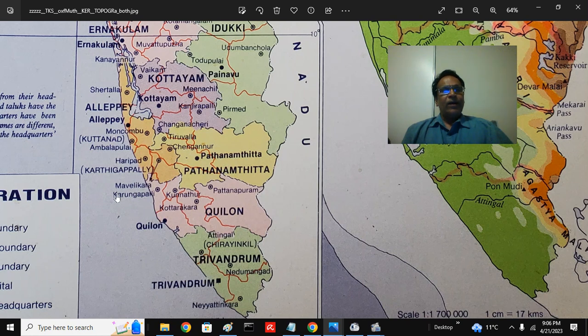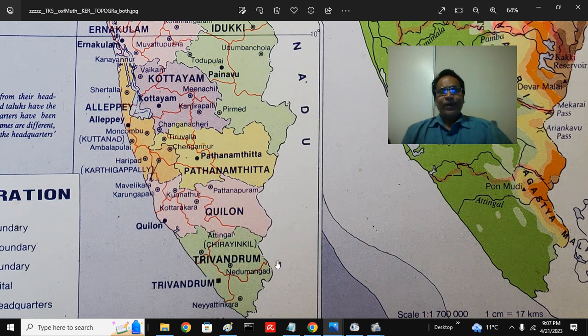And Karunagappally is in Kollam, Kayamkulam is in Alappuzha, Kanjirappally is in Kottayam. So Kollam and Kottarakkara, there is a big railway station there, Kottarakkara.